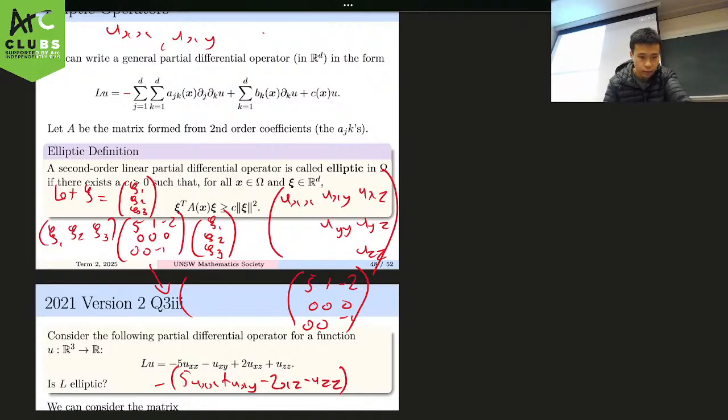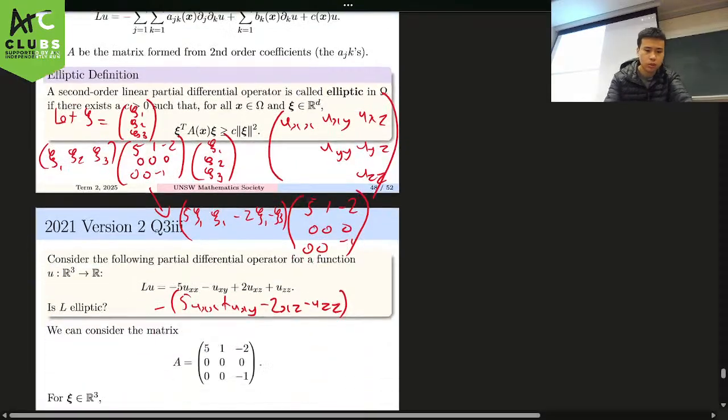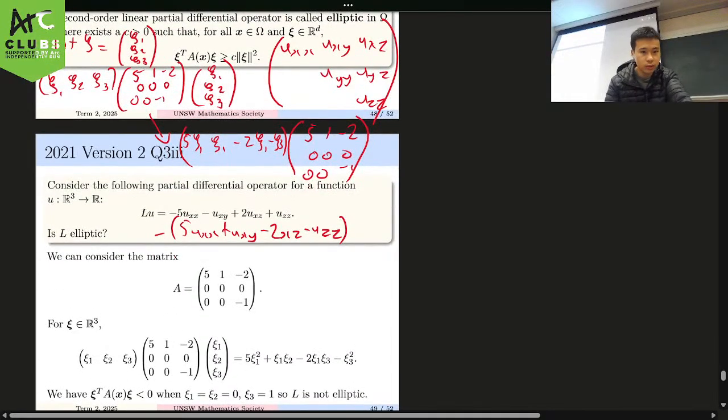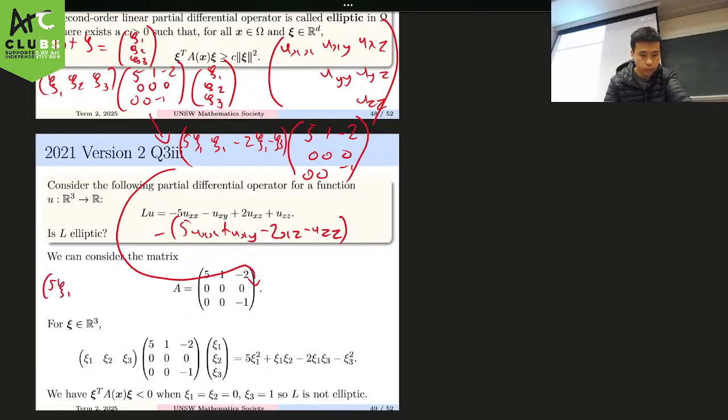So we get 5 xi 1, xi 1 again, minus 2 xi 1, minus xi 3. Then multiply that by xi 1, xi 2, xi 3. I'm getting really lazy with these numbers.